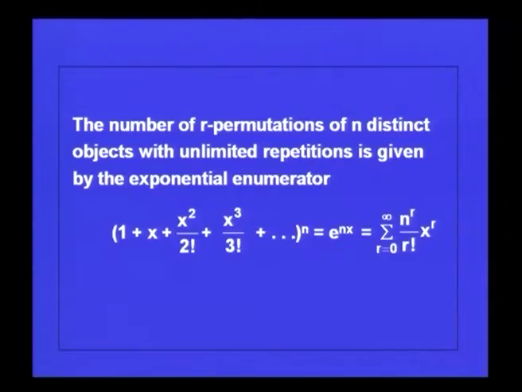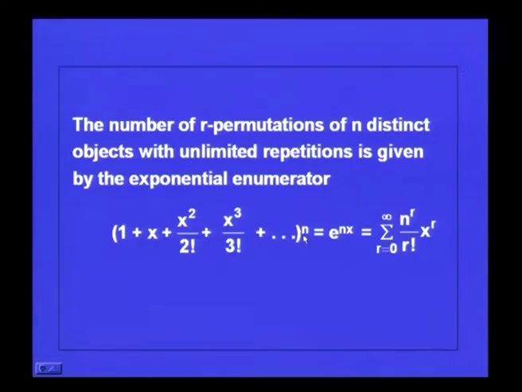So, the number of r permutations of n distinct objects with unlimited repetition is given by the exponential enumerator like this. So, you are having n objects and each object you can repeat any number of times. For the first object the exponential enumerator will be 1 plus x plus x squared by 2 factorial etc. Second object again it is the same, like that for each one of the objects.